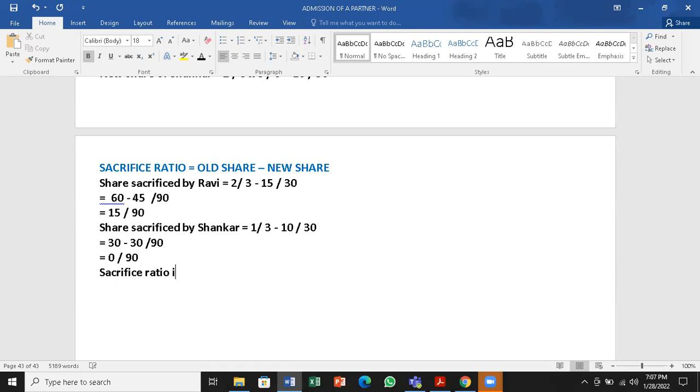Sacrifice ratio is 15/90 and 0/90. That is 15:0.